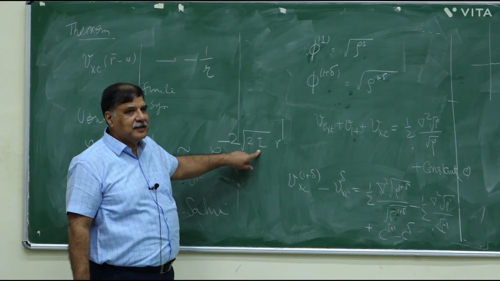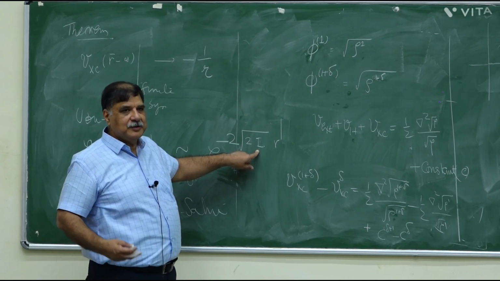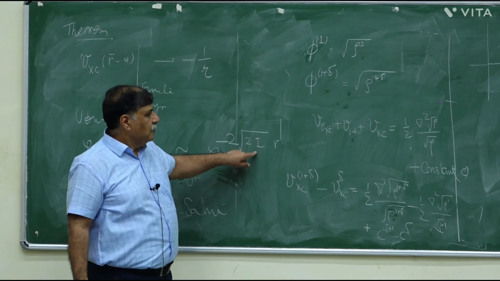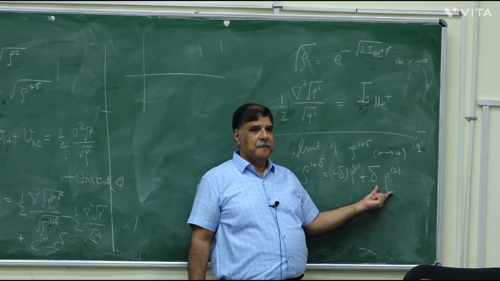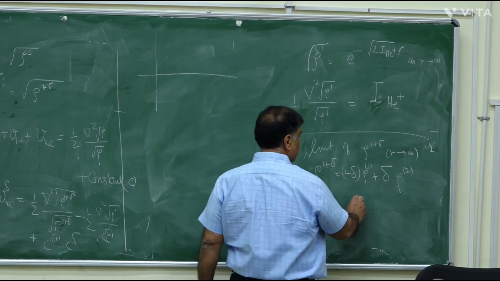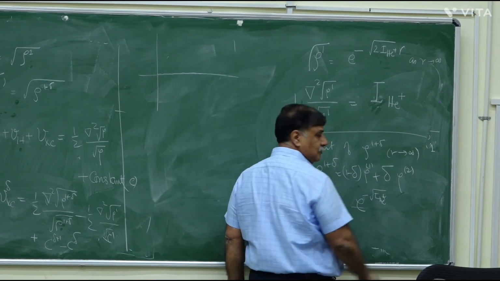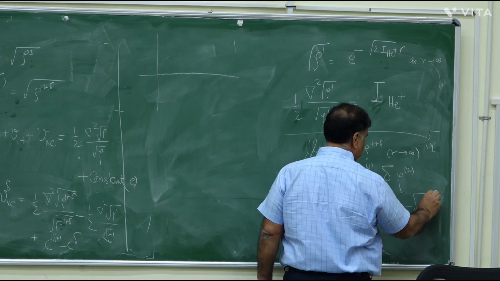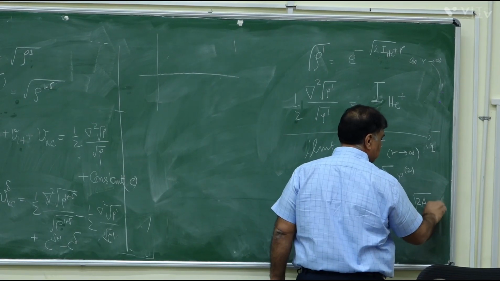Ionization potential for helium is less than the ionization potential for helium plus. The affinity of any system is smaller than the ionization potential of that system. So, which term will survive? This is going as exponential minus square root of I helium plus, and this is going as e raised to minus square root of 2 affinity of helium plus.